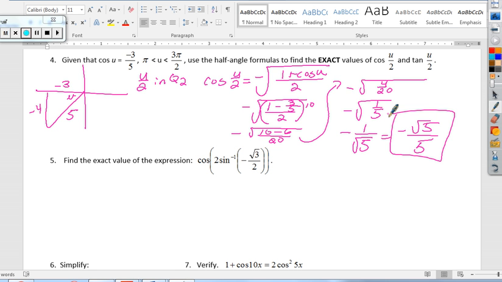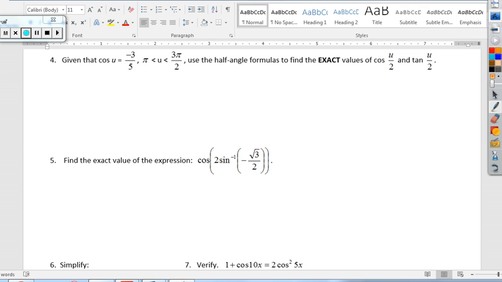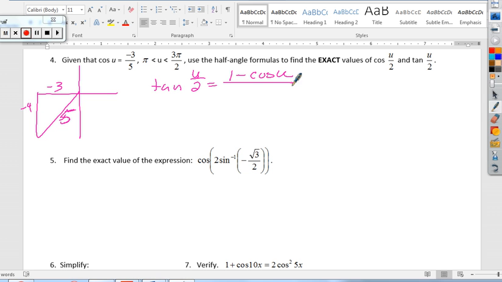Alright, so let's take a look at the tangent formula. So for tangent, and let's put up our triangle again. We were at negative 3, negative 4, negative 5, positive 5. Alright, so the tangent of u over 2 is equal to 1 minus the cosine of u over the sine of u.